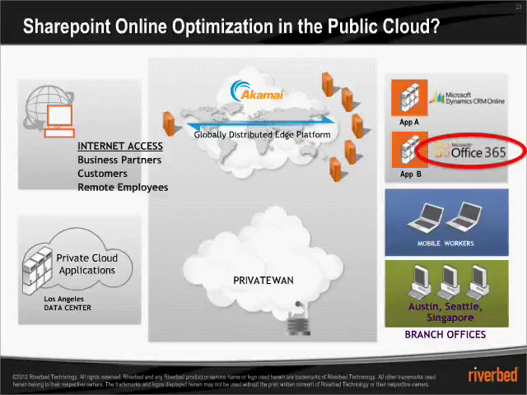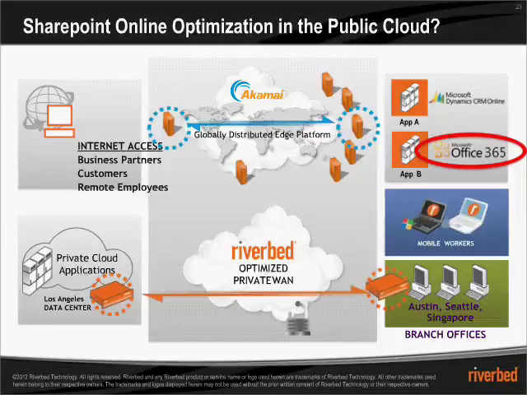The other is the ability to leverage their network or nodes of platforms all around the world, many of which right next door to where Microsoft Office 365 data centers are hosted. So if we have Steelhead WAN optimization connecting branch offices to data centers or mobile workers to data centers, we have Akamai with the network of nodes and data centers around the world right next to Microsoft Office hosting positions. What we can do is we can combine the two.